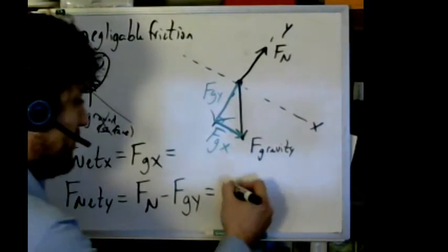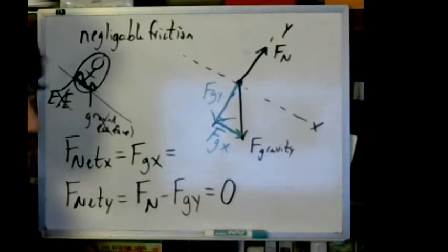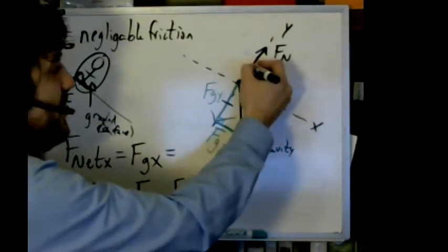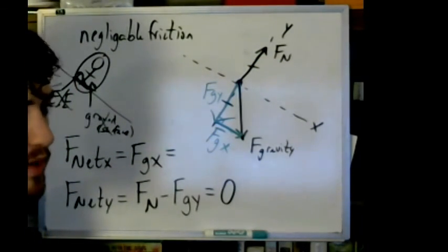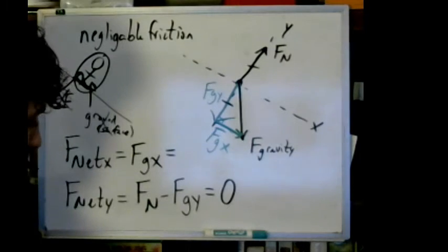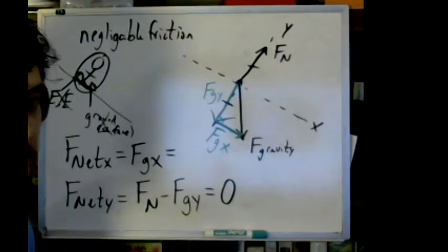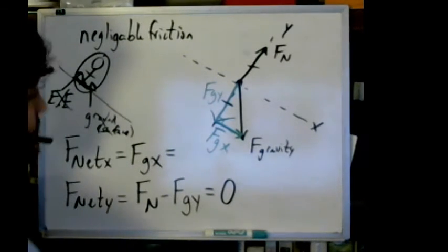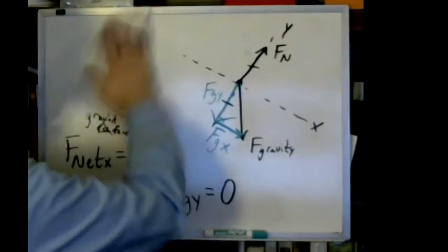So we know that there cannot be any force left over in that direction. Gravity is pulling the person into the hill. The hill is pushing just hard enough to keep them from going into it. We're not going to do anything with that yet, but soon. There's the skier.